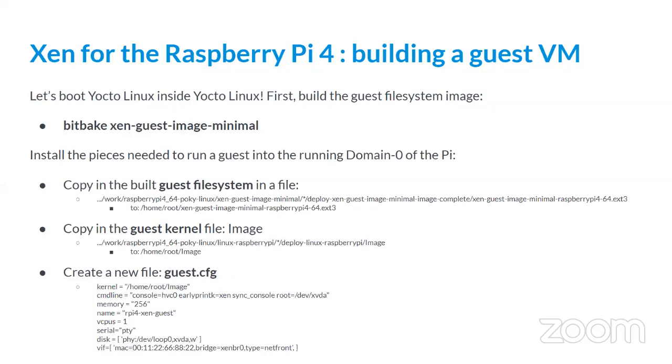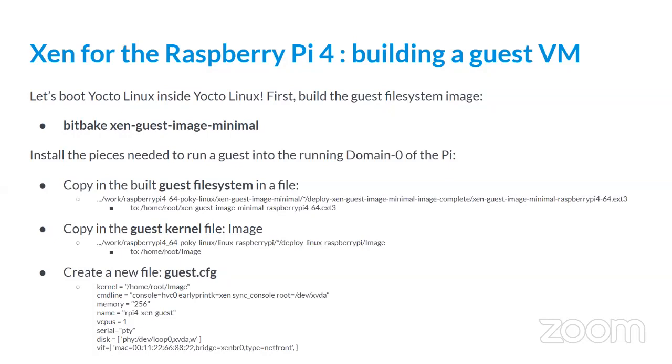We have a separate image in meta-virtualization for the guest, which will package Linux kernel drivers suitable for PV devices. And so that will run, and at the end of it, you are presented with the guest file system as a file that is ready to deploy.